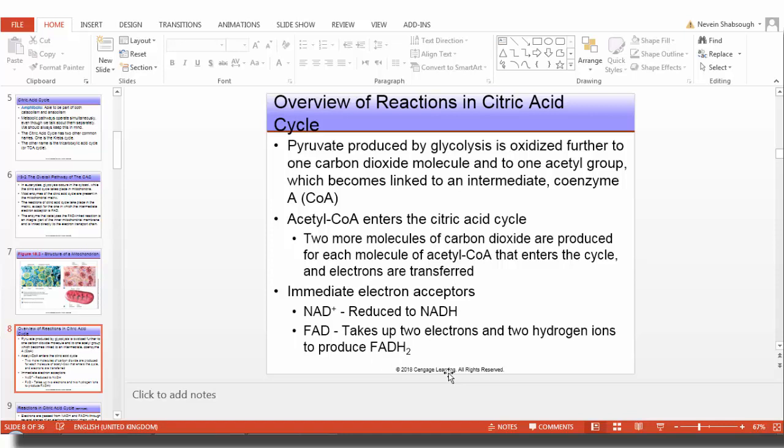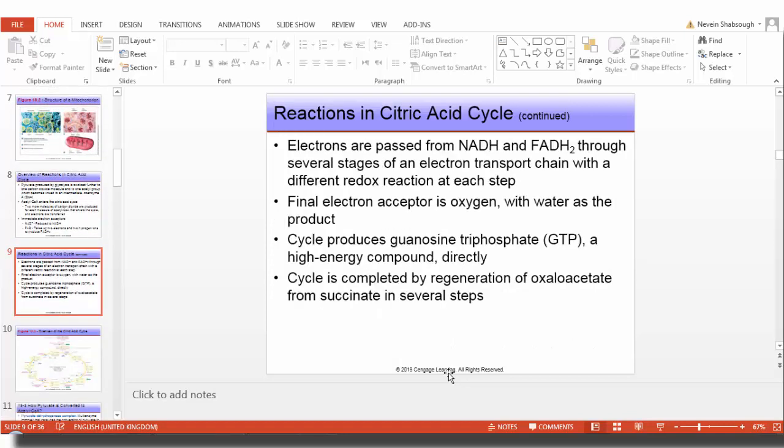And we will see that the final electron acceptor is oxygen. So electrons are passed from the reducing equivalents in the form of NADH and FADH2 through several stages of an electron transport chain with a different redox reaction at each step. Now the final electron acceptor is oxygen with water as the product.